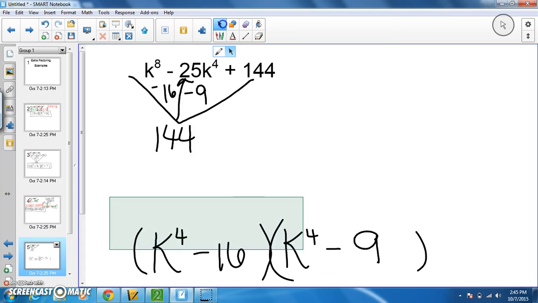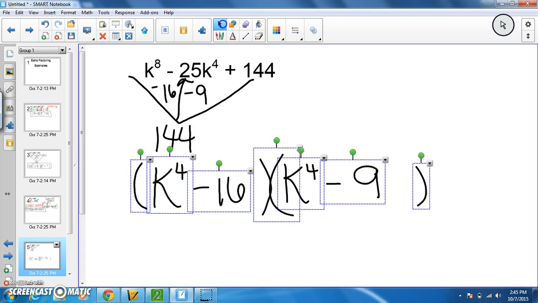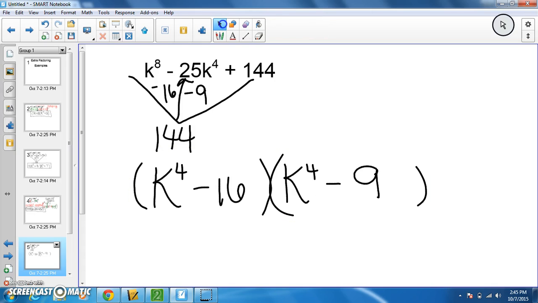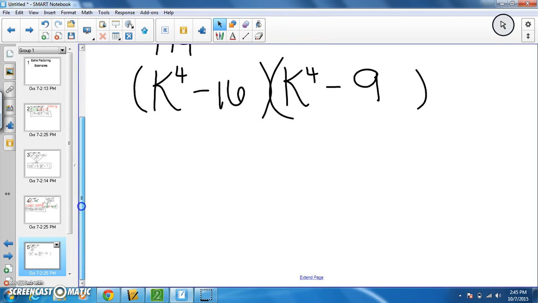Oh, you thought it was over, silly kids. I need to double check my factors. Can I factor k to the fourth minus 16 again? You're right. The answer is yes. But we don't have a GCF and it isn't a quadratic, and that means I need to think about my identities.